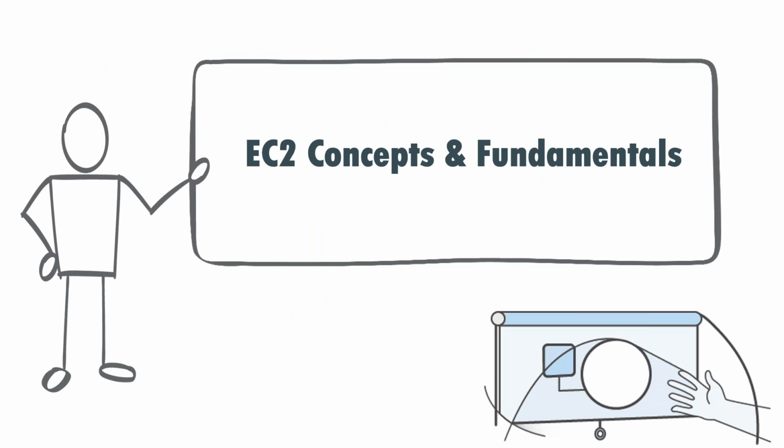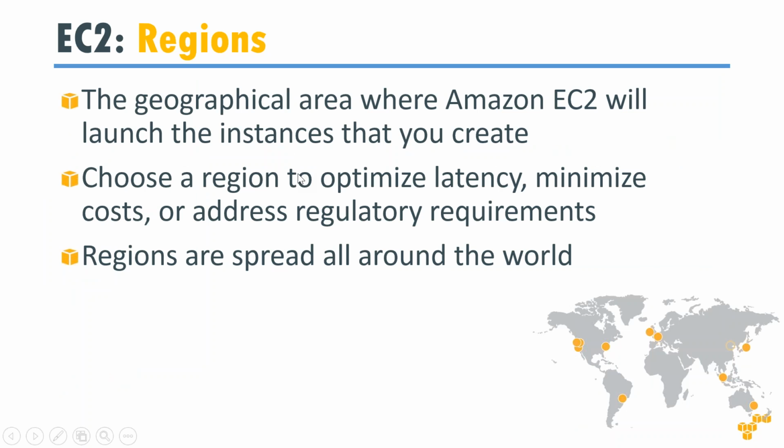So we are going to refresh our concepts of AZs, availability zones and regions, because Amazon EC2 builds on top of those fundamentals. Amazon architecture is built on the core concept of regions.